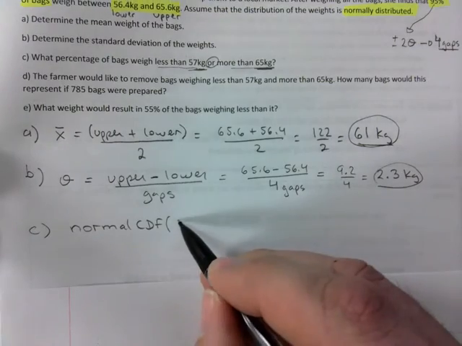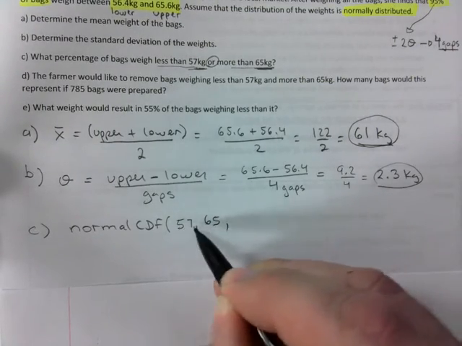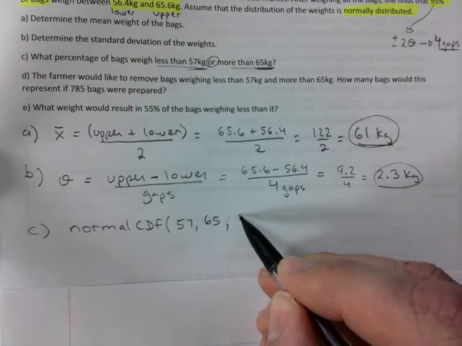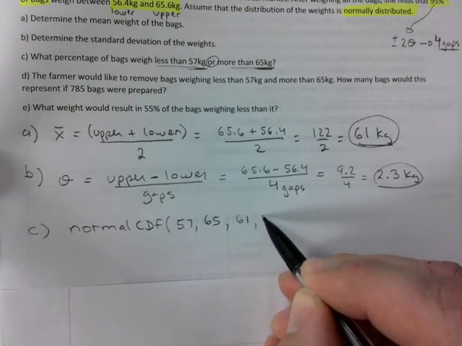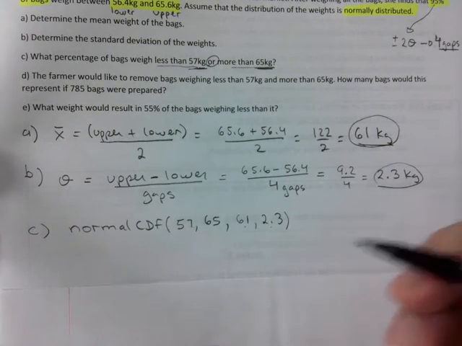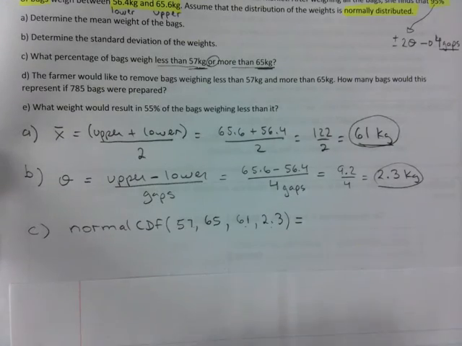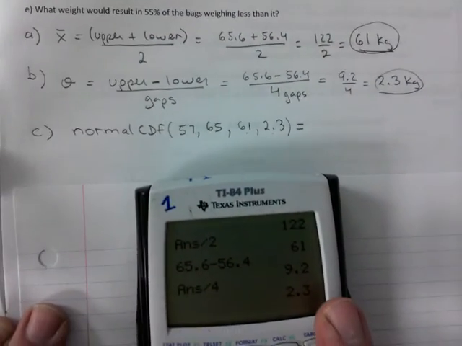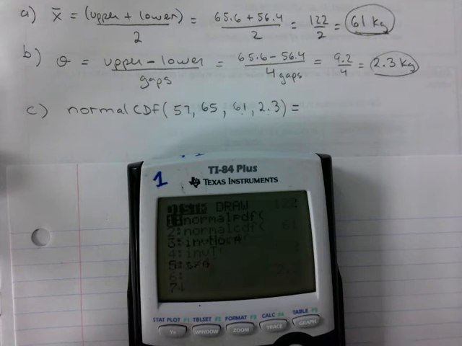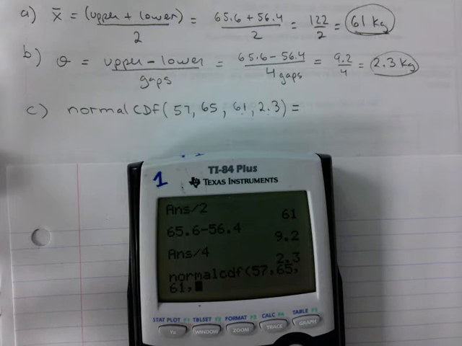So what I'm going to do is figure out the percentage of bags that weigh between this, and I'm going to use my new mean and my new standard deviation that I just figured out. But I'm not going to multiply it by 100 because I'm not quite done yet. Okay, so I'm going to go normal CDF, 57, 65, 61, 2.3.